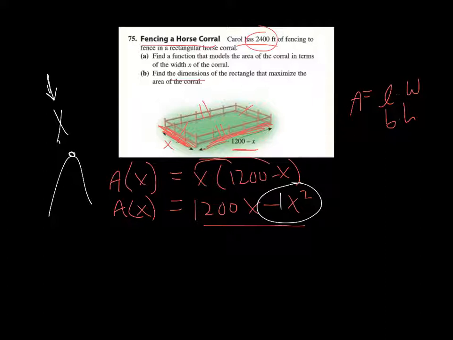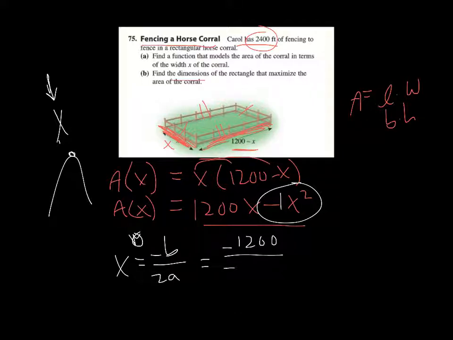So let's first find out the dimensions. What are we going to do? We're going to find the x value of the vertex, which is the opposite of b over 2a. That's the opposite of 1,200 all over 2 times negative 1, which is 1,200 over 2, which is just 600 feet.